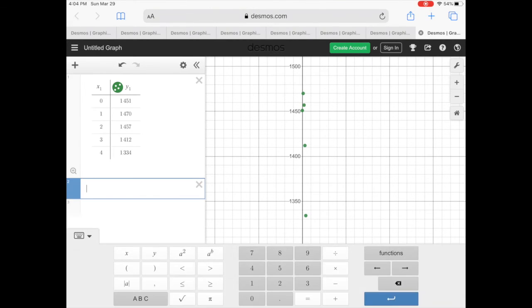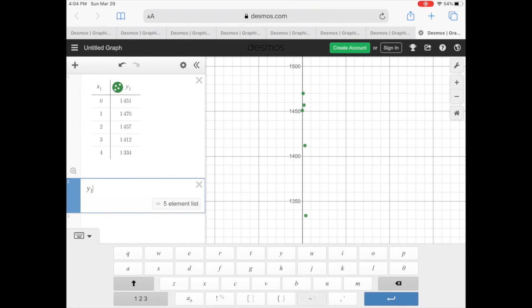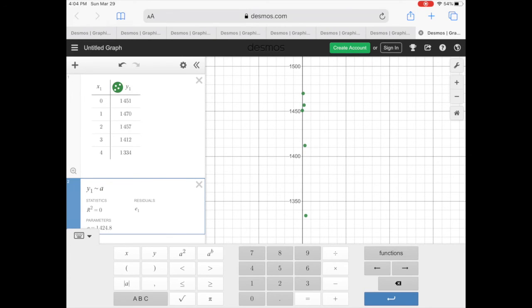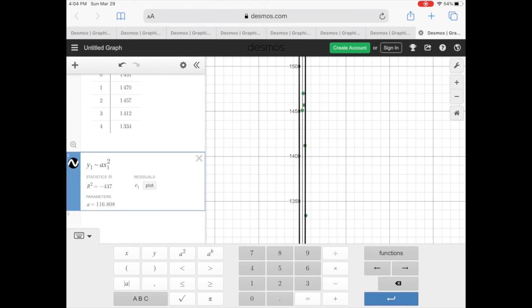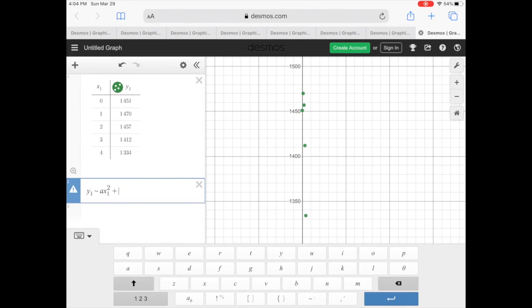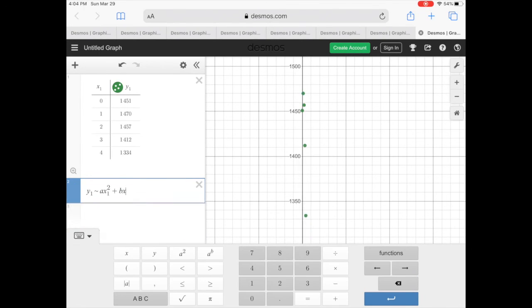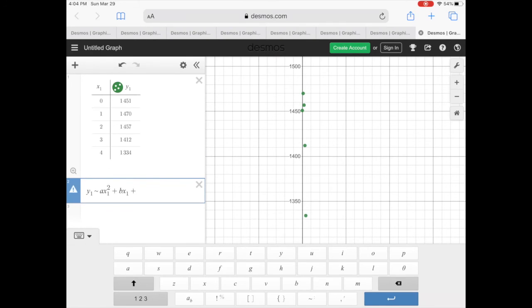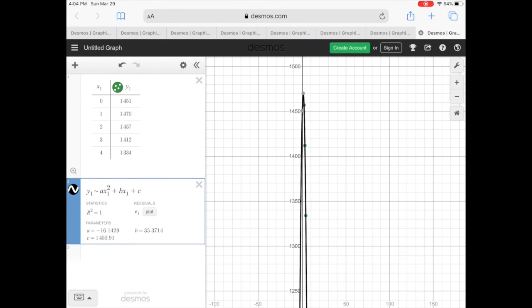So in order to write the equation of the curve of best fit, we need y1 squiggle a x1 squared plus b x1 plus c. We have to use the standard form, ax squared plus bx plus c, and you have to use y1 and x1. If you look at the top of your table, those are labeled x1 and y1. So we're telling the equation to use those values.